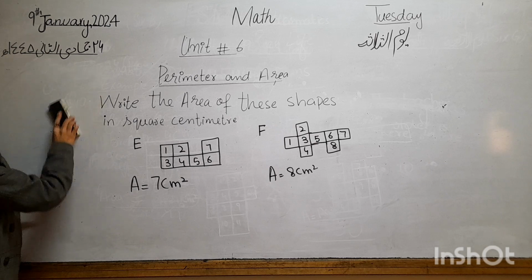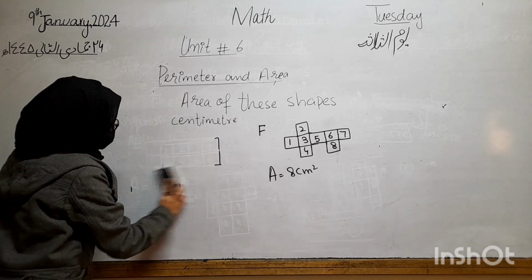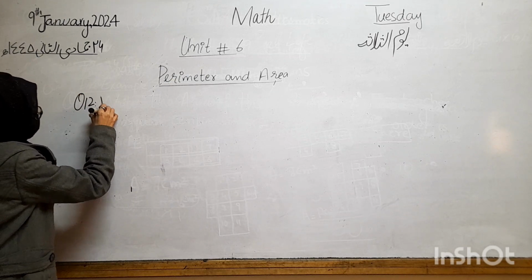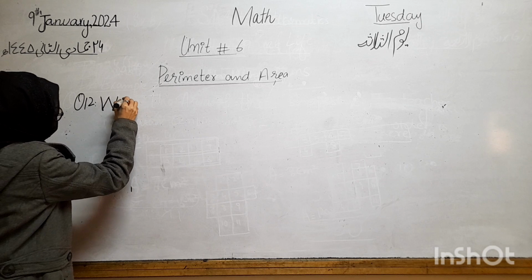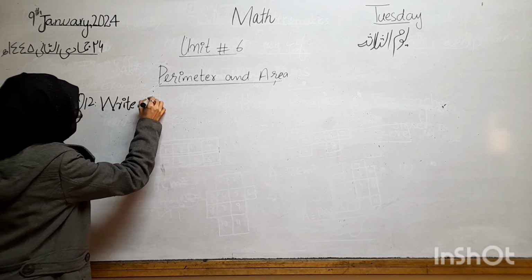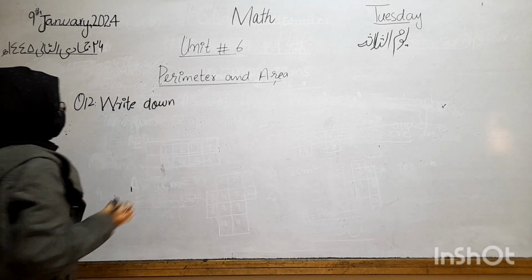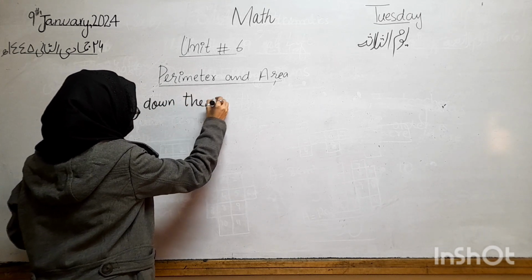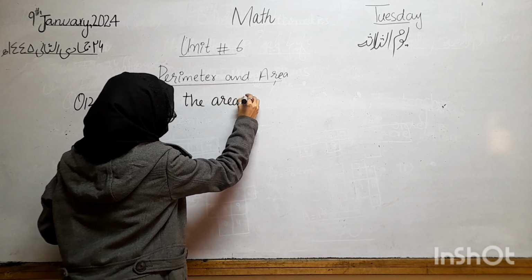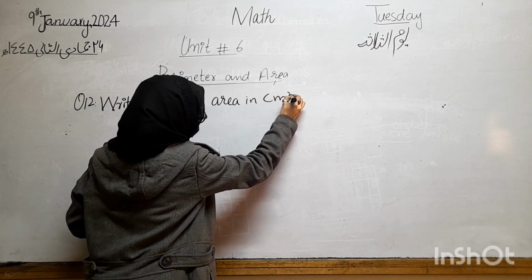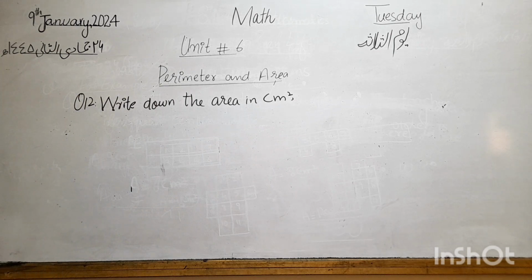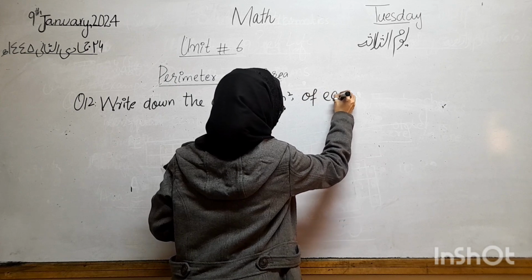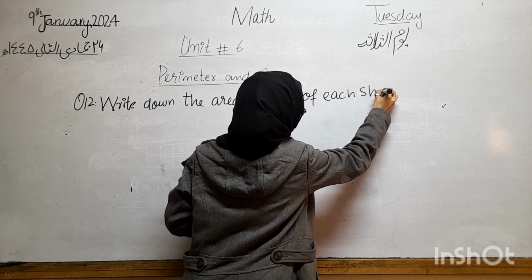After this we have question number 12. In question number 12, write down the area in centimeter squares of each shape.